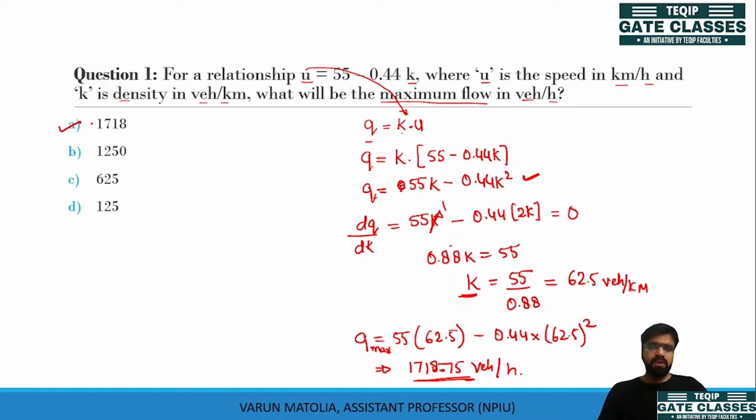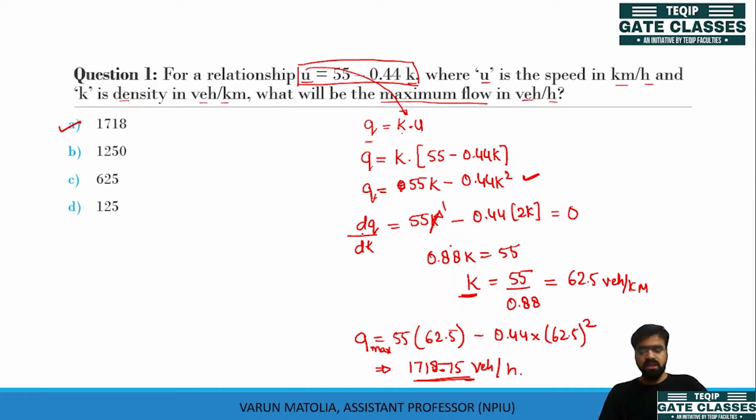If you look at this equation, u is equals to 55 minus 0.44k. Does this equation remind you of the Greenshield equation or Greenshield model?